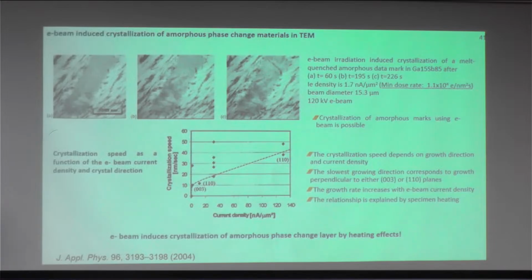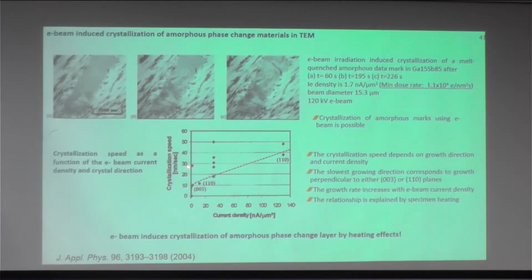So in this case, this crystallization process was achieved by a 120 kilo electron volt electron beam, and from such data, it's possible to also extract some interesting data like the crystallization speed.